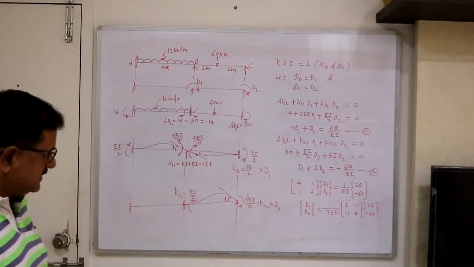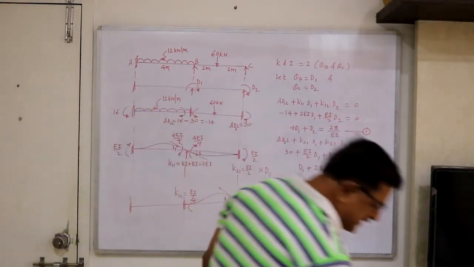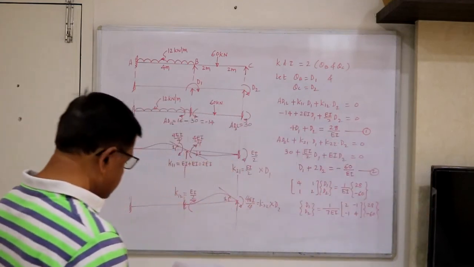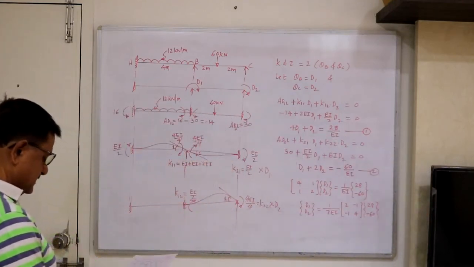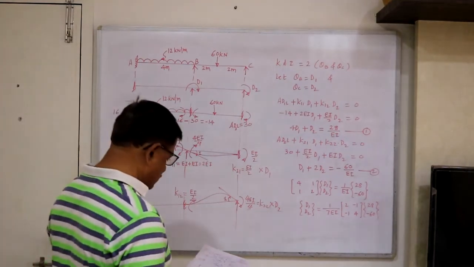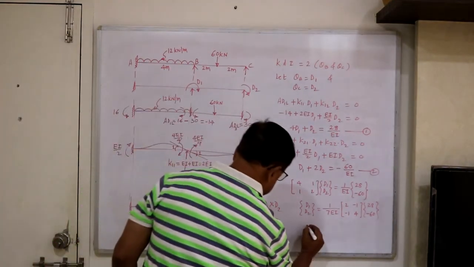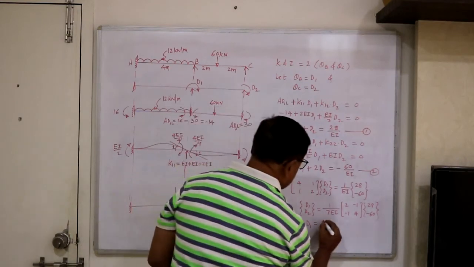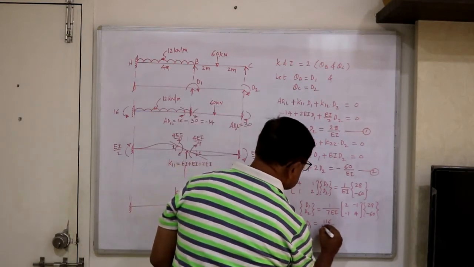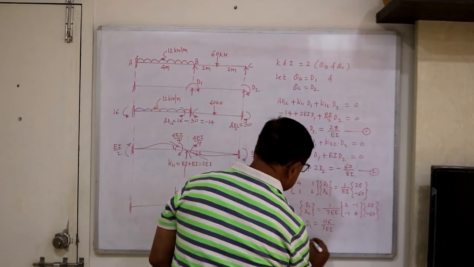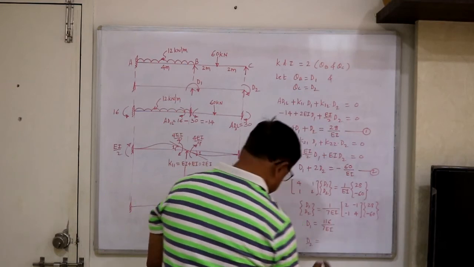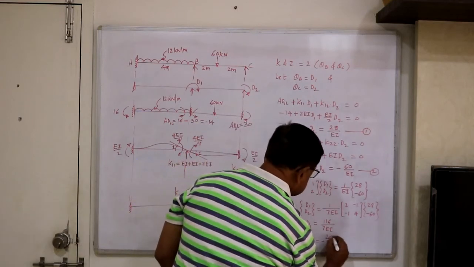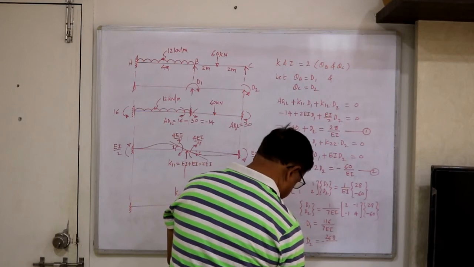I will directly write down the answers. D1 comes out to be 116 divided by 7 EI, and D2 comes out to be minus 268 divided by 7 EI.